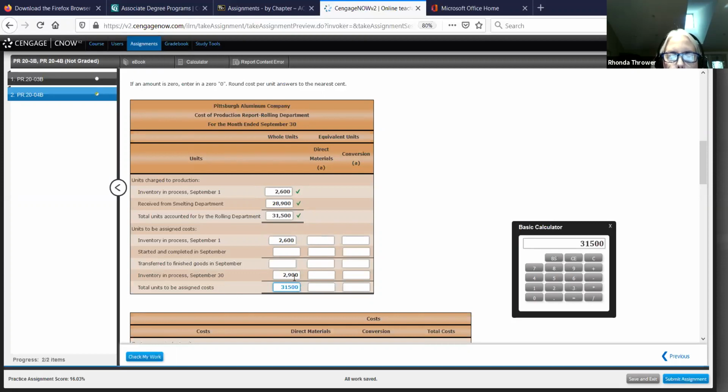Now I can work backwards to find out how many units that I transferred to finished goods. What I will do is I'll take the units that are to be assigned cost, that's 31,500, and subtract out the ending inventory, and that will tell me what the units transferred was. So 31,500 minus 2,900 will give you 28,600.